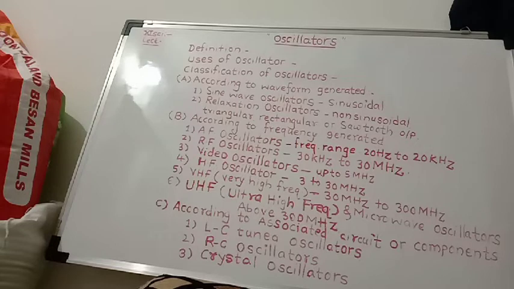The oscillators in which inductors and capacitors are used are called LC oscillators. So these are the different types, or classification, of oscillators.